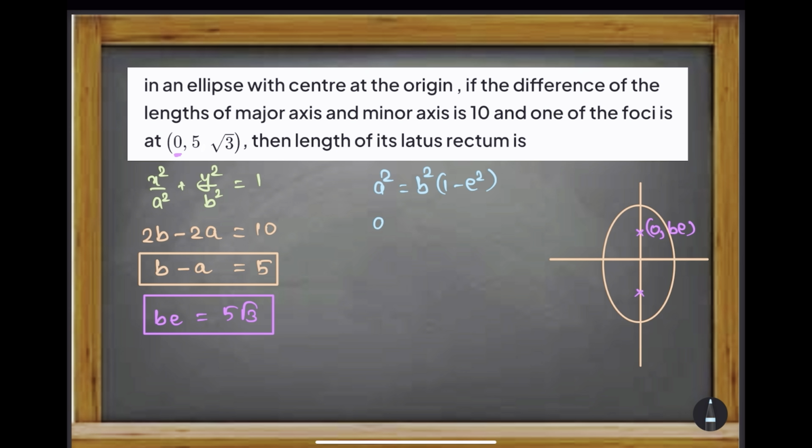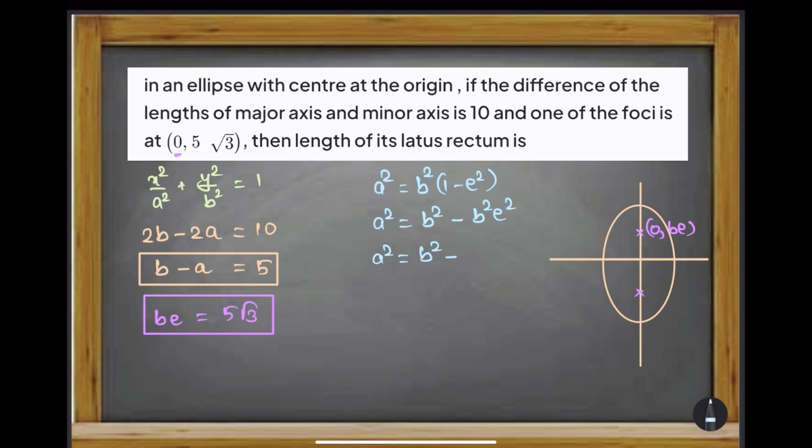Can I say that a square is equal to b square minus b square e square, correct? Now, a square is equal to b square. You know that b is 5 root 3. So squaring both sides.